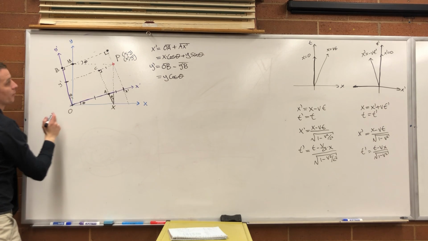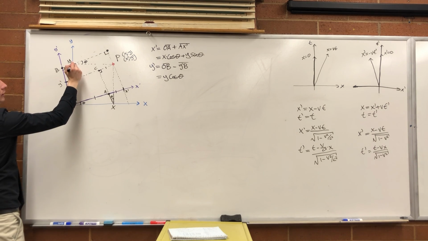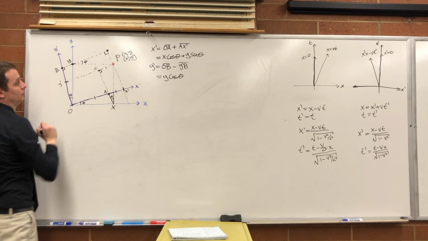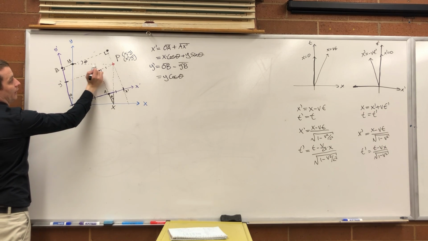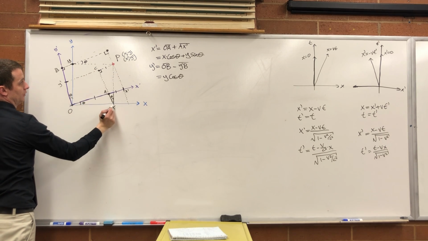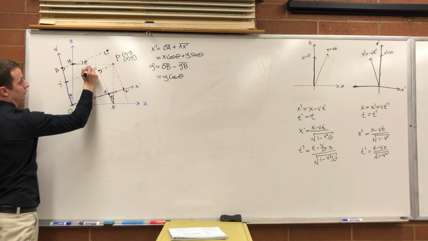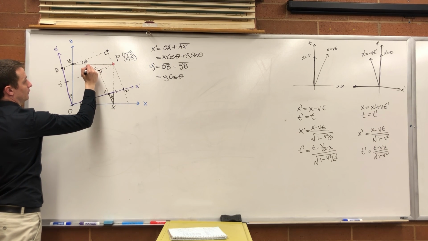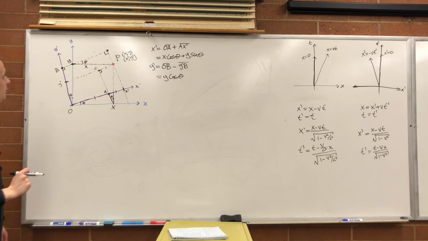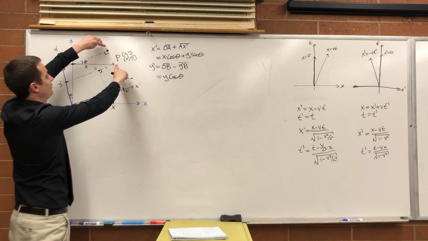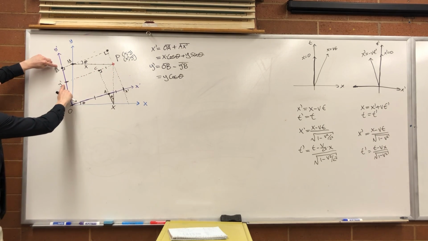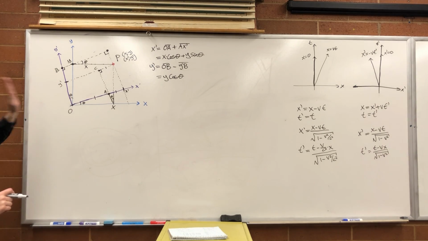Perfect. So talking about this triangle now, the hypotenuse, this side, is x. So this side right here has side length x, right? So we're looking for this side right here. That is going to be y prime to b. Okay, I see it. So that's going to be x sine of theta.